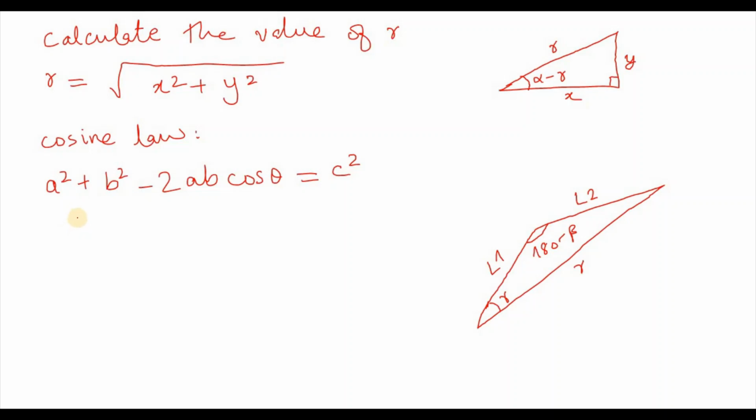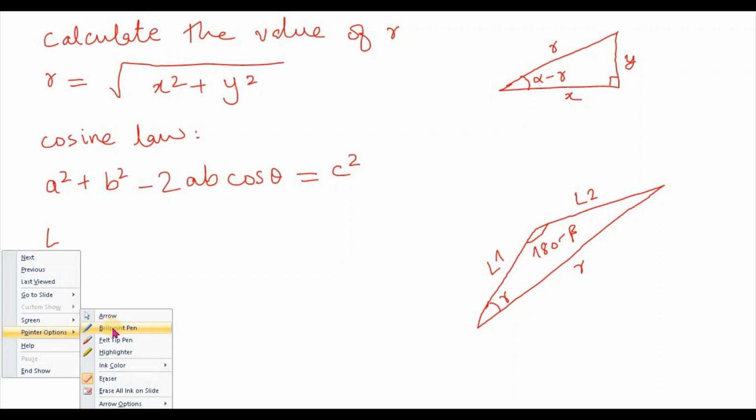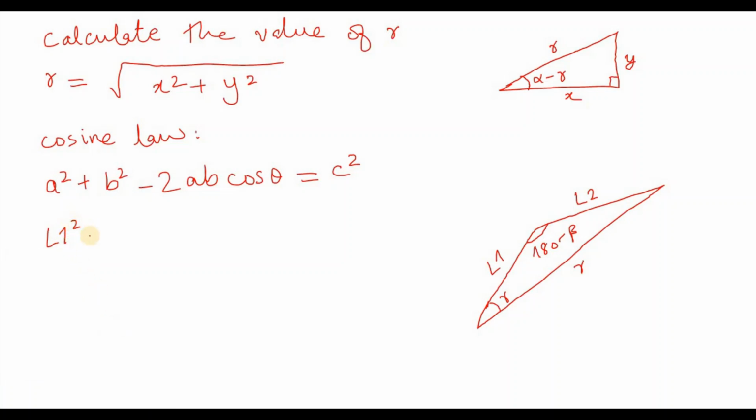If you apply the cosine law here, your a is actually your L1, so you get L1 square plus L2 square minus 2 L1 L2 cosine of (180 minus beta) is equal to r square.